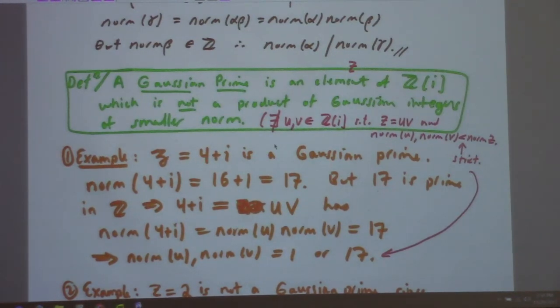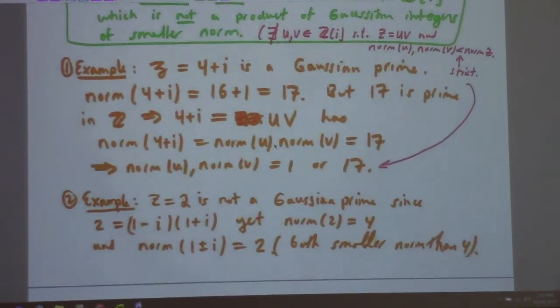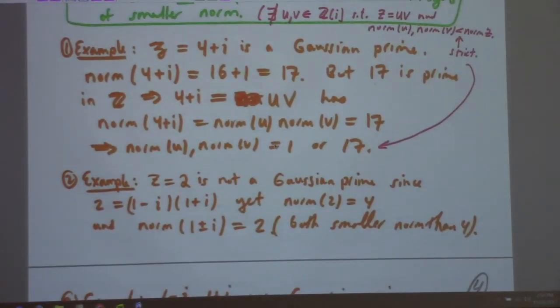On the other hand, the ordinary prime 2 is not a Gaussian prime because 2 factors. It factors into 1 minus i times 1 plus i. And this has norm 4, that has norm 2, and that has norm 2. So this 2 is not a Gaussian prime.